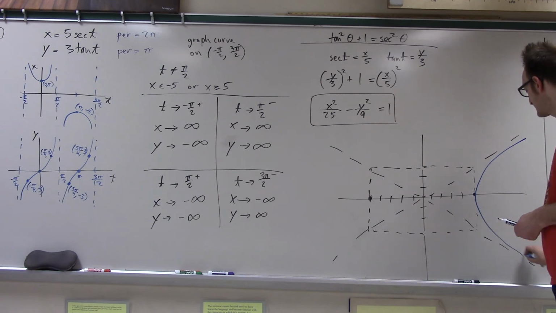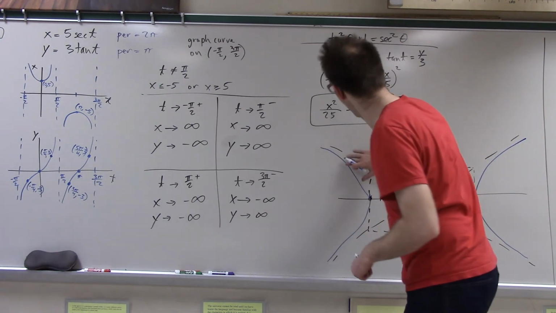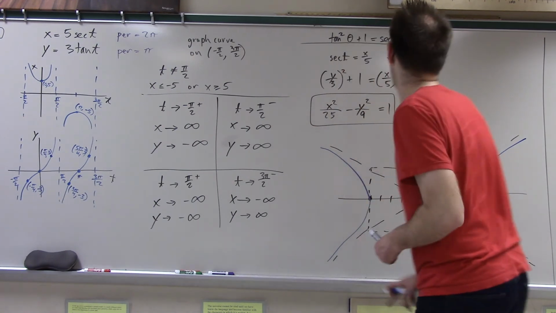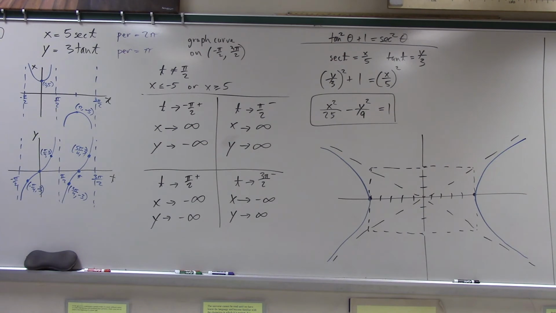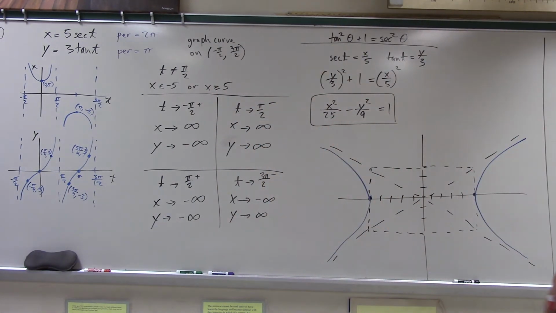Alright, so that's part of the problem done. This is the shape that the parametric curve makes, but I want to know how it happens as well. So I want to annotate the figure. Let's just start.